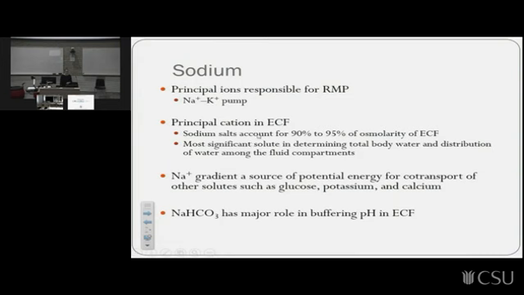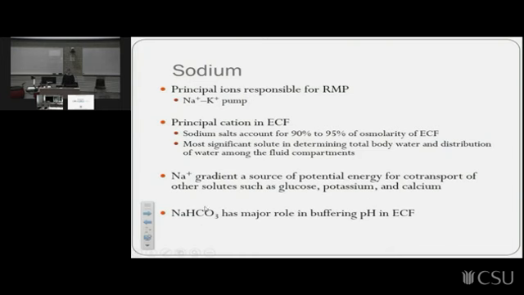This is the principal cation in extracellular fluid, accounting for 90 to 95% of the osmolality of the extracellular fluid. So it's the most significant solute in determining total body water and distribution of water among the fluid compartments. The sodium gradient is a source of potential energy for co-transport of other solutes such as glucose, potassium and calcium.